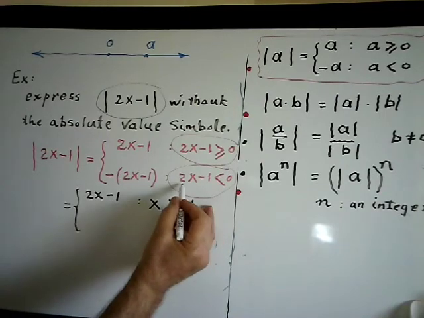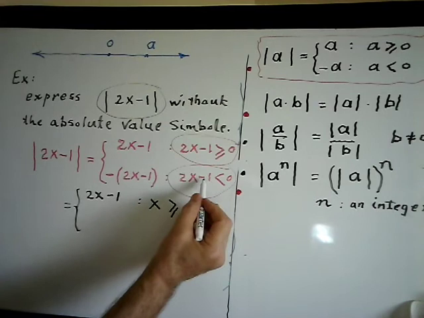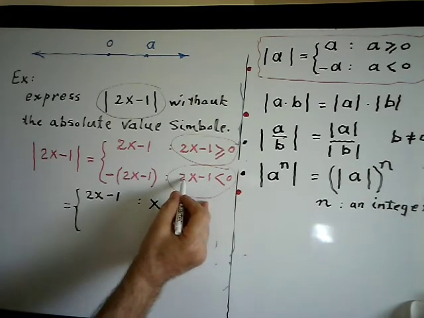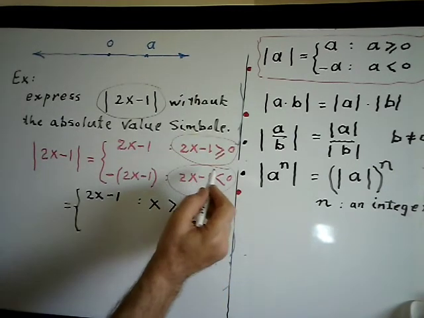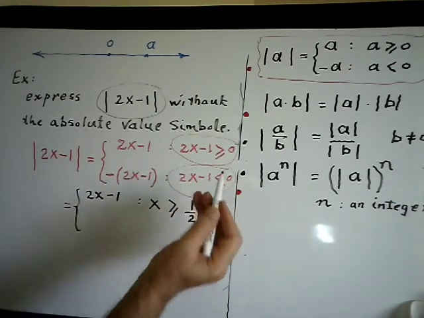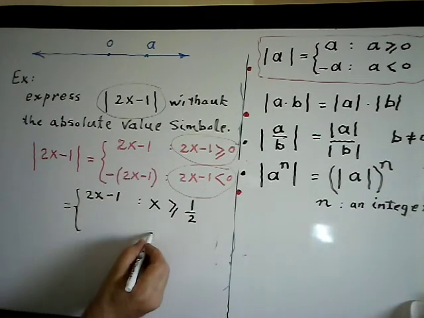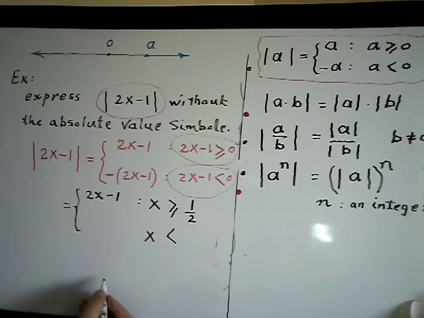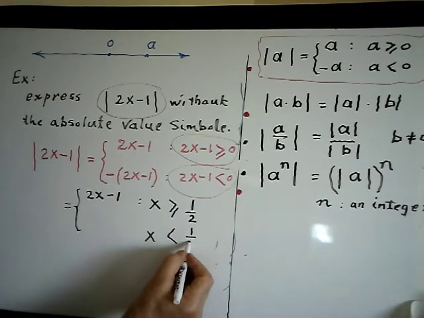And the same we do here. First move negative 1 to the other side, then divide by 2. All this operation will not change the sign of inequalities. So here it will be x is less than 1/2.